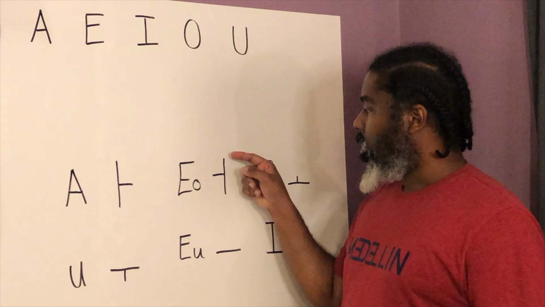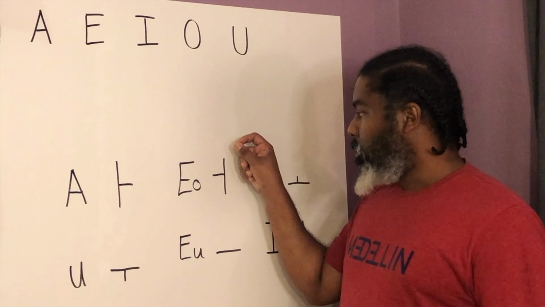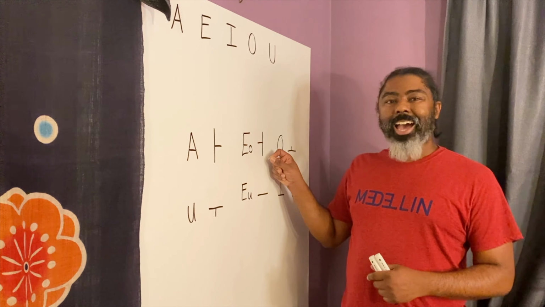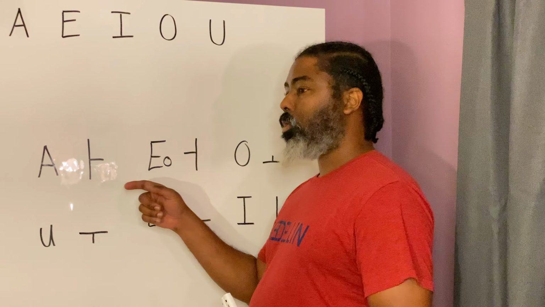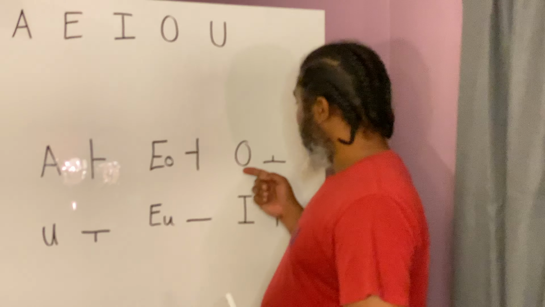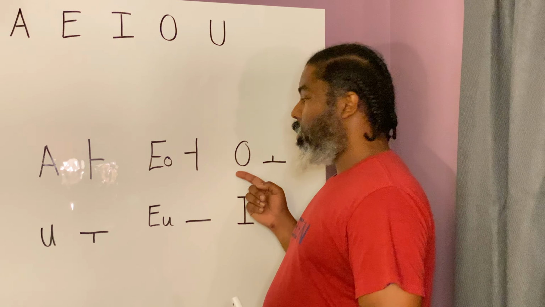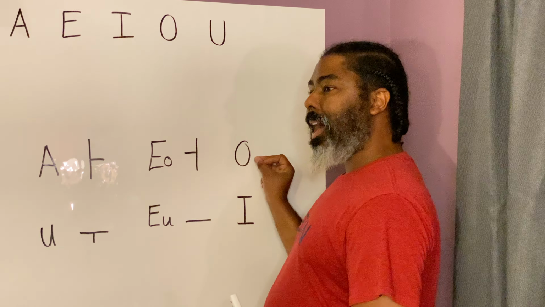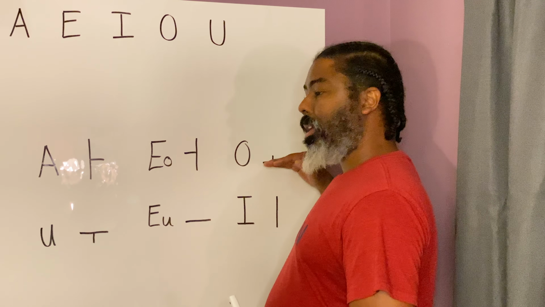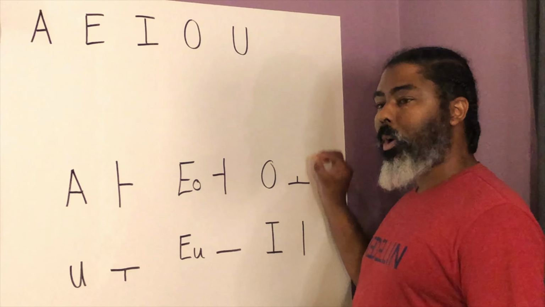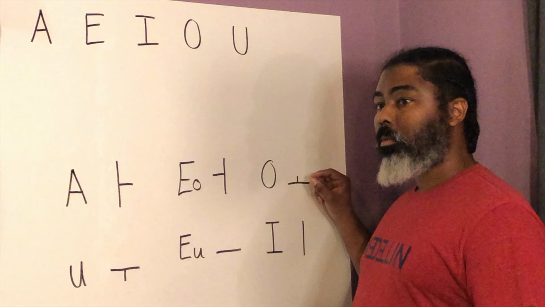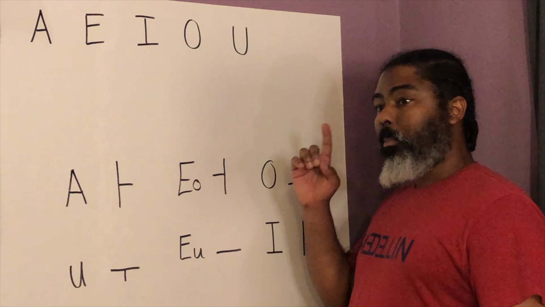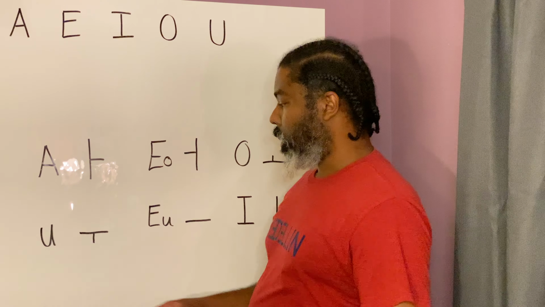Eo is drawn by writing one long line down and a line protruding to the left, or to the west. The letter O is produced by drawing a horizontal line with one vertical line protruding from the middle, headed up, in the north direction.